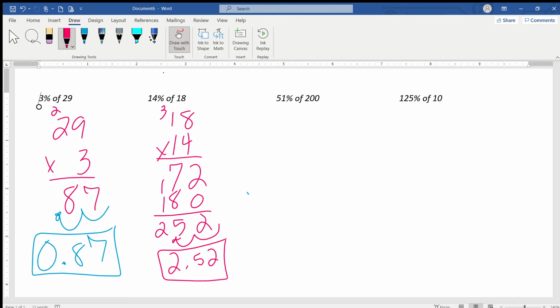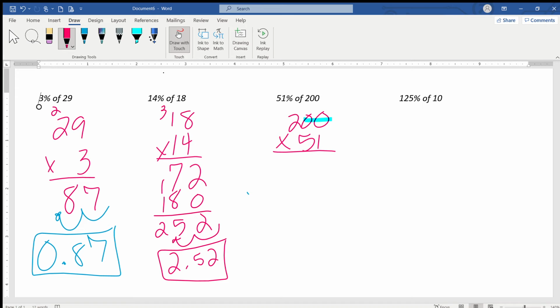Next one. We have 51 and 200. And I know right now you're like, oh no, that's a big number, 200. We have something else for that. So you're going to multiply again 200 times the 51. Well, lucky for you, we have a zero trick. We're going to ignore these and put them at the end.